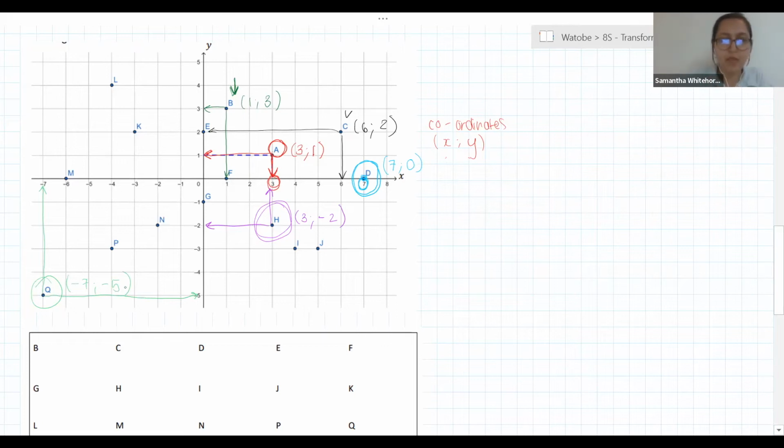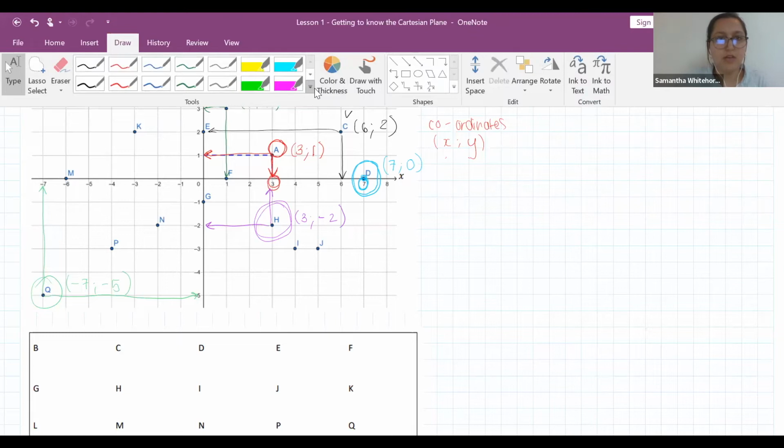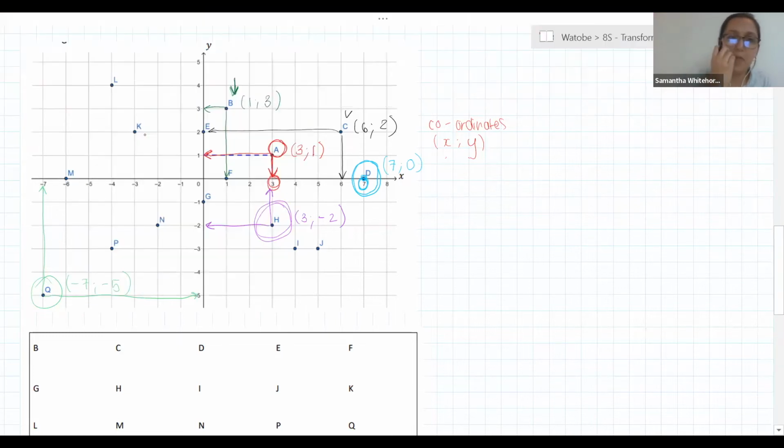All right, who wants to try for me the coordinates of point G? So just have a careful look at G. Right, Ingalihle, tell me. Hi, ma'am.